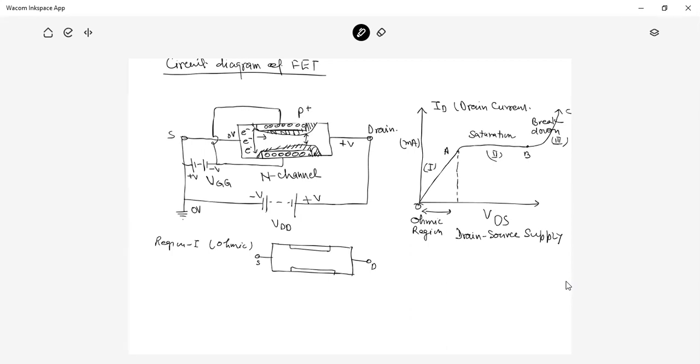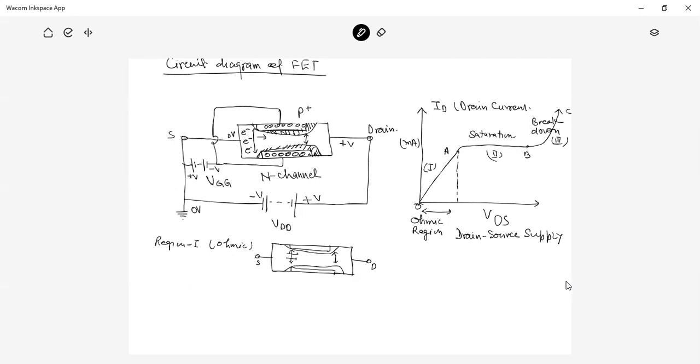Depletion at the source is in such a way that the source end will provide a big passage, and here it provides a small passage.